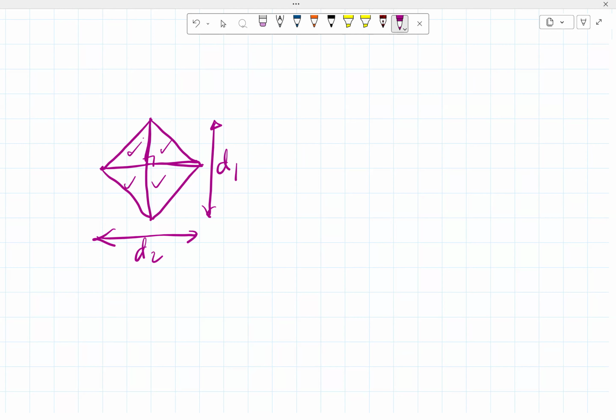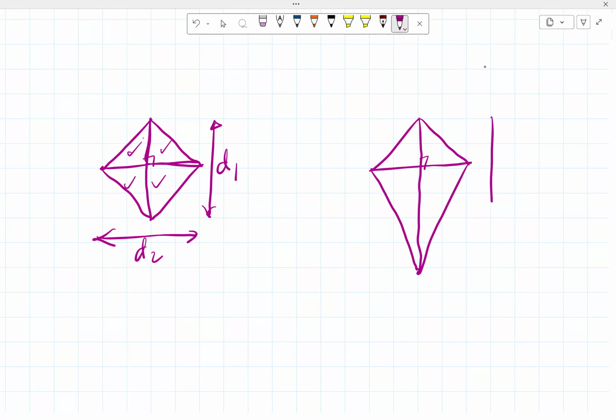So let me come to a kite now. You have this and you have this. Again, these two diagonals meet at 90 degrees. So here you have this whole length, let's call it D1.